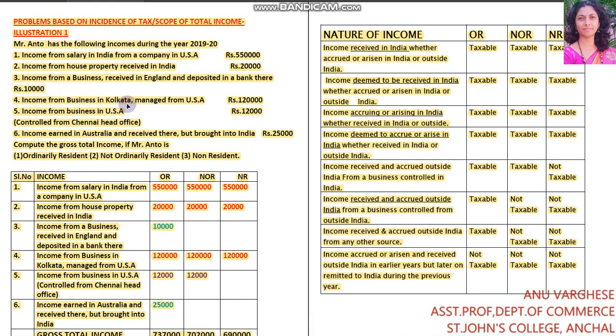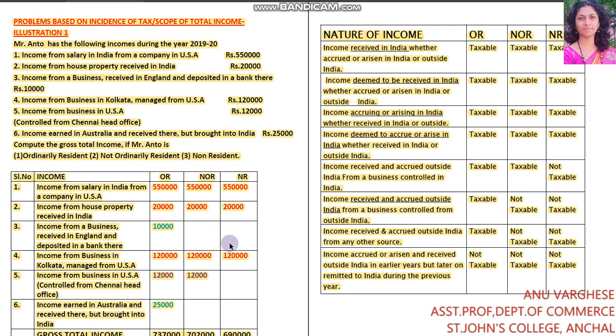Income from business in Kolkata managed from USA, rupees 1,20,000. Income from business in USA, rupees 12,000, and it is controlled from Chennai head office. Income earned in Australia and received there but brought into India, rupees 25,000. Compute the gross total income if Mr. Anto is ordinarily resident, not ordinarily resident, and non-resident.